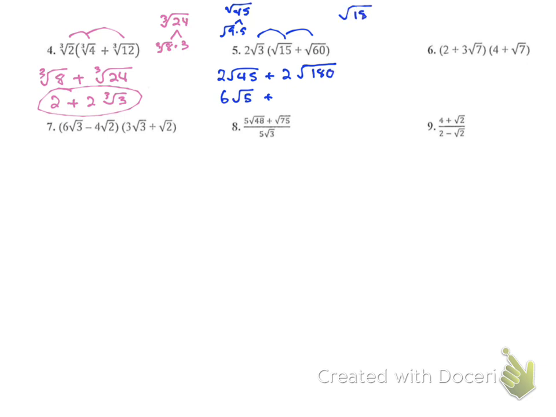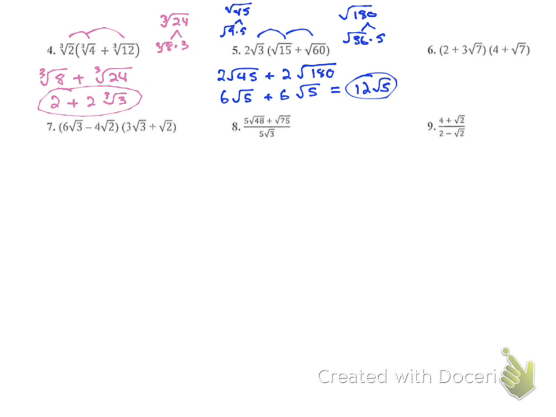And square root of 180, 36 and 5. Which means you can take out a 6. 5's left inside the radical. So you can add them together and you'll get 12 square root of 5.